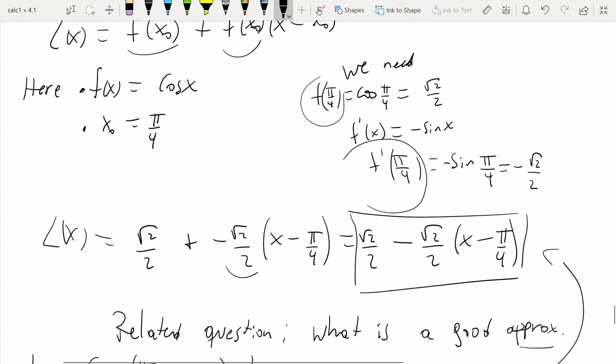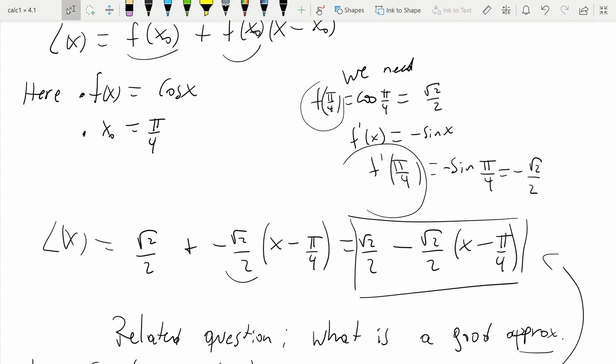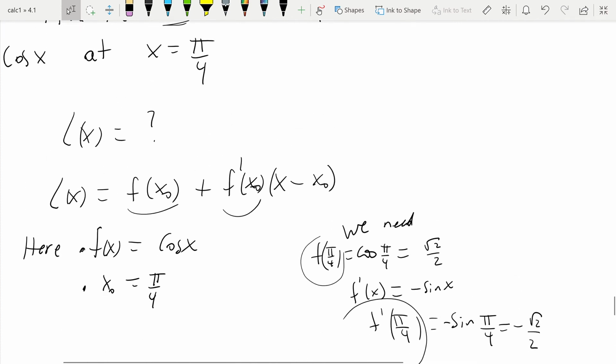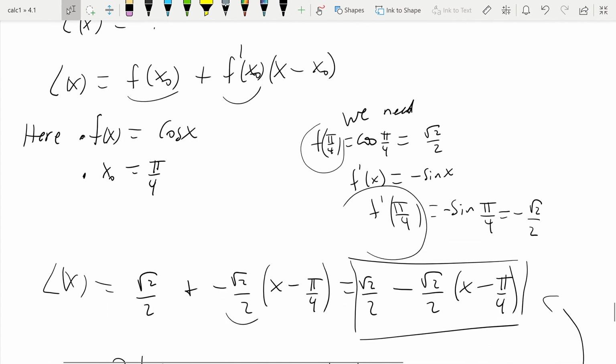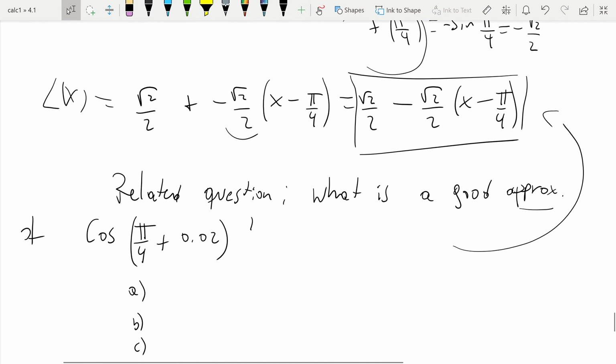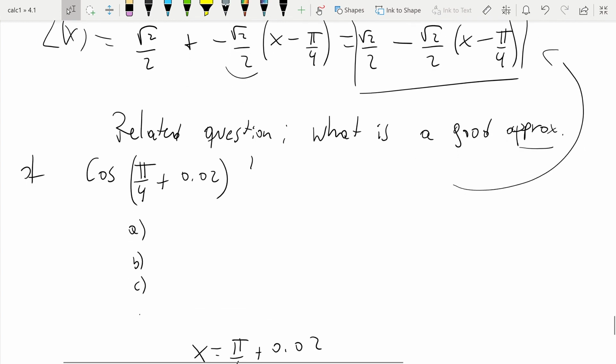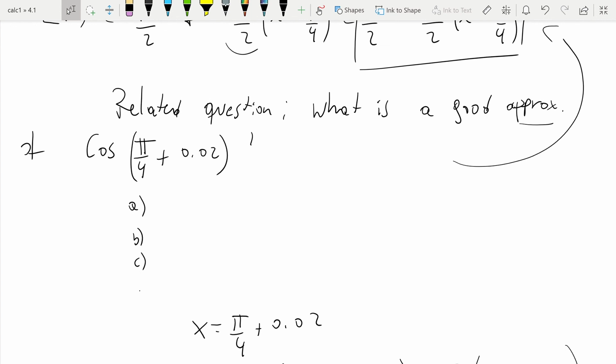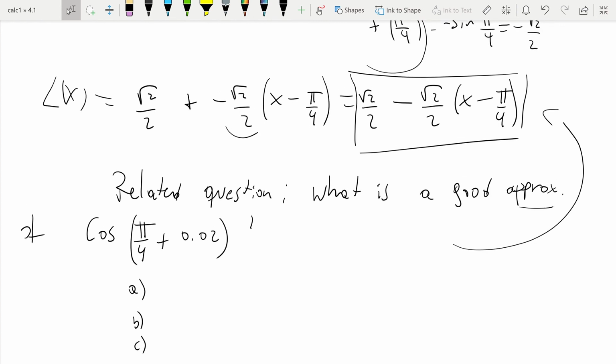You can simplify this expression further, but the point I'm trying to make is that most of the time you'll be asked to find the linear approximation, and from that question they'll ask a second, related question: to provide a good approximation of that function at a particular point. If that's the case, you just need to plug in the value x.